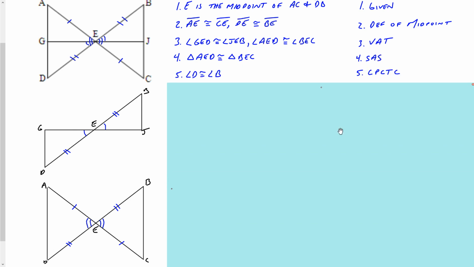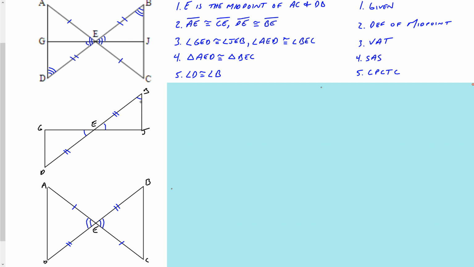We need to be able to tell that angle D and angle B are both full angles that are the exact same in both of those pairs of triangles. So we want to use CPCTC to say that those are congruent to each other. So we've got angle B congruent here to angle D.